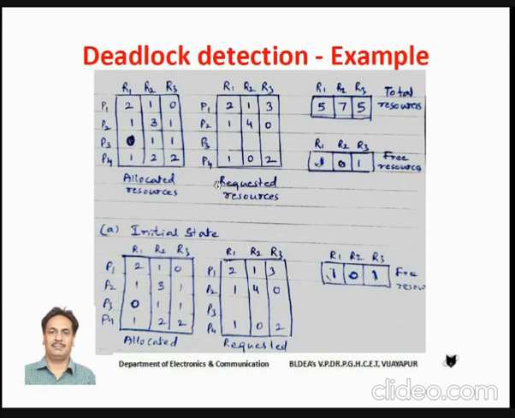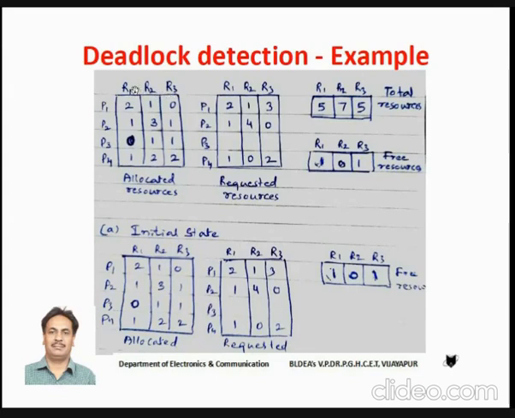Okay, first look at matrix one, which we call the allocated resources matrix. In this matrix, at the top, the column headings are R1, R2, R3. This indicates that we have three classes of resources: resource 1, resource 2, and resource 3 class.